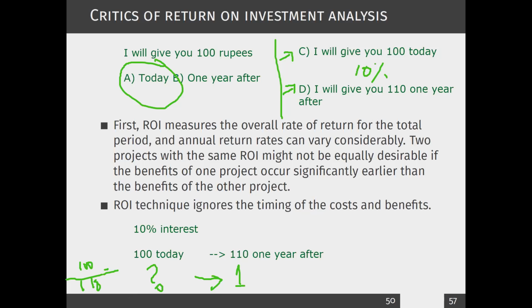So what you need to have today to get 1 is 0.91, isn't it?